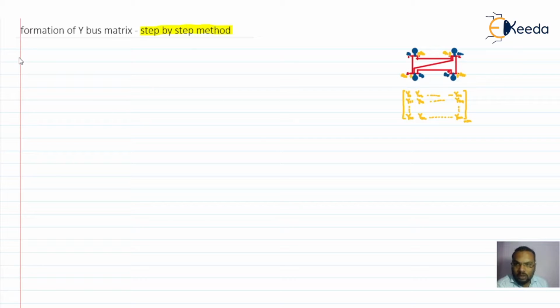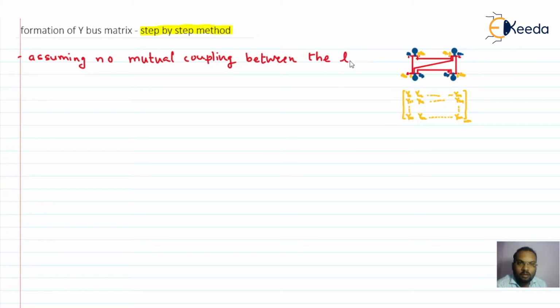Of course, in this method as well, we are not going to assume mutual coupling between the transmission lines. It is important to note here: assuming no mutual coupling between the transmission lines.